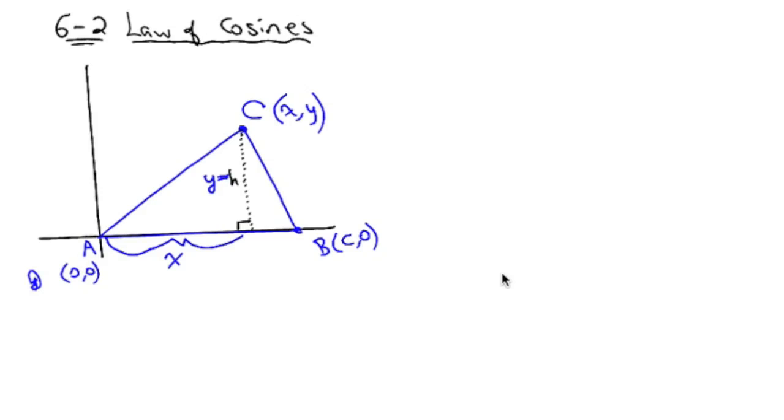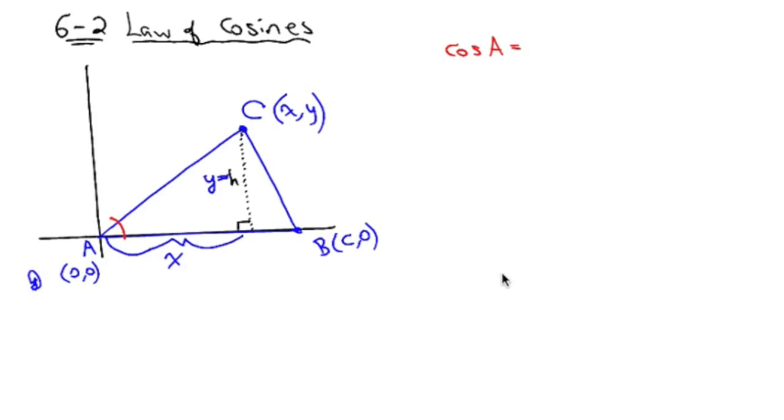Alright, so according to that triangle, the base being blue, the height being the black dotted line, and the hypotenuse over there, we can figure out something according to that angle. We can say that the cosine of that angle is equal to, well, cosine is adjacent over hypotenuse.